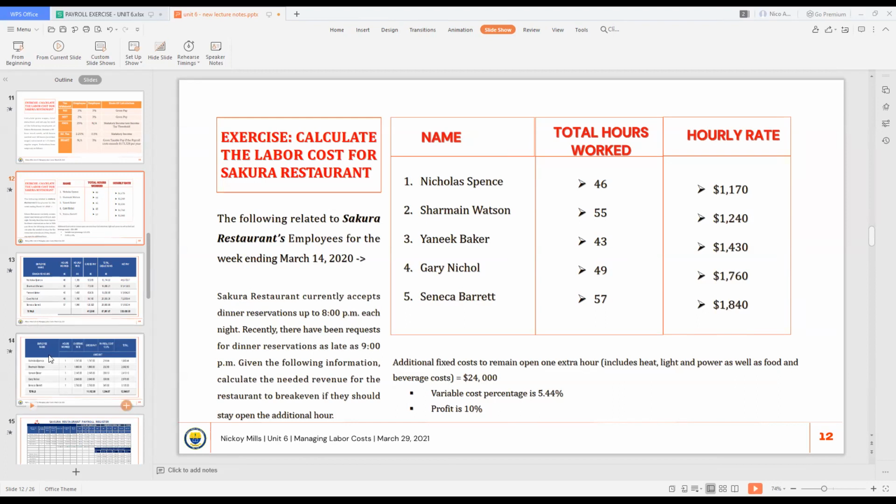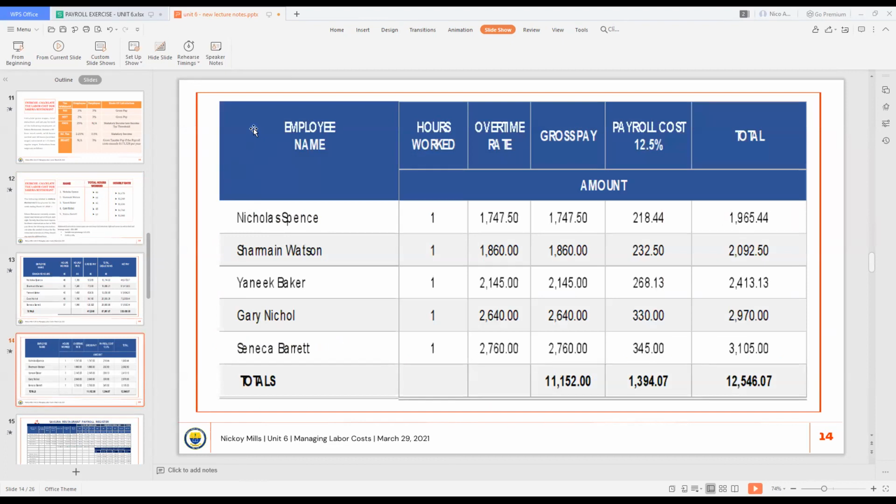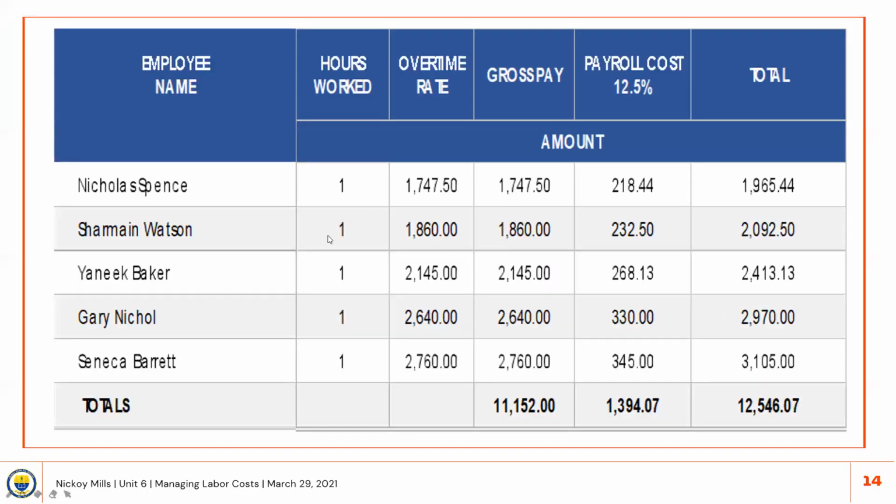So the payroll cost here now, right? So each employee would work one additional hour, right? And the overtime rate, this one is wrong, but let's work with it, because I had 1,165 instead of 1,107. Anyway, so it would be the overtime rate that we're going to be paying them.